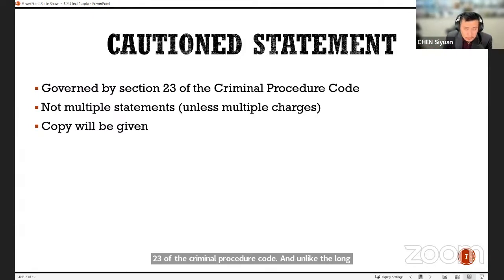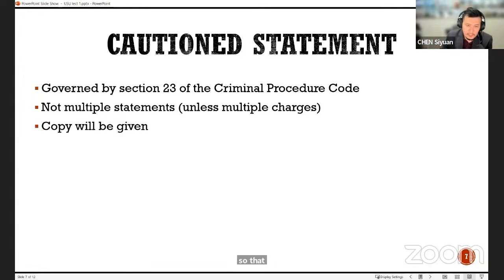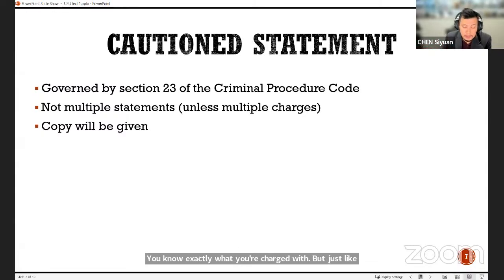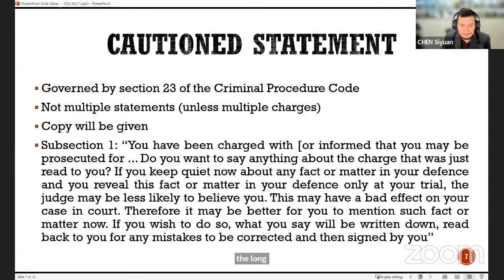And unlike the long statement, you will be given a copy so that you know exactly what you're charged with. But just like the long statement, probably the lawyer wouldn't be with you, right? Because what's the test? The test is the police must be given a reasonable amount of time to complete their investigations. And I think that period tends to capture the period in which the accused has been charged.